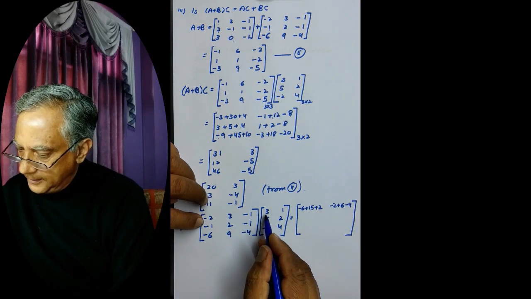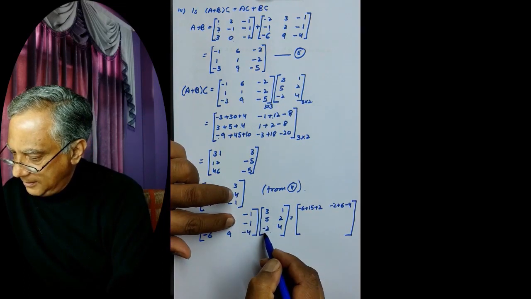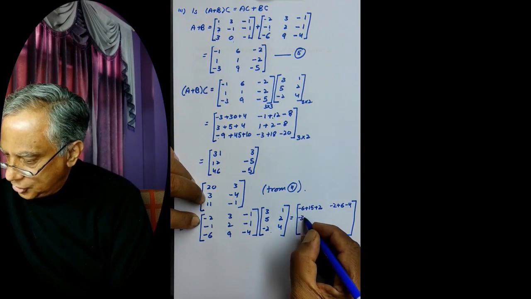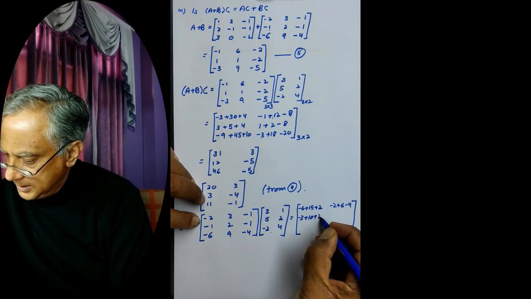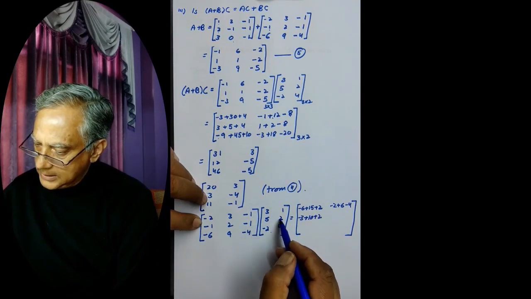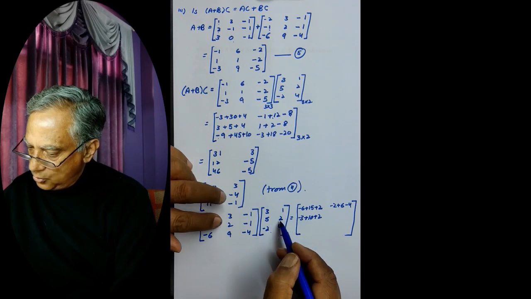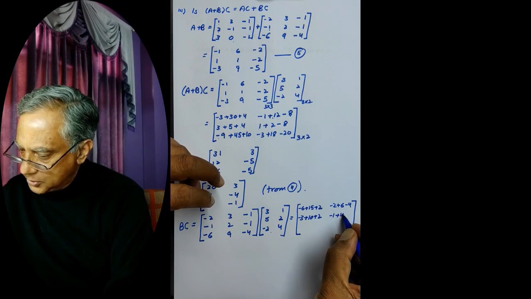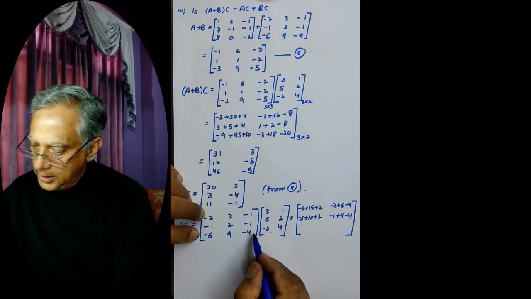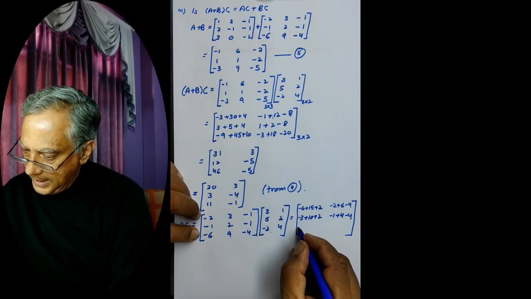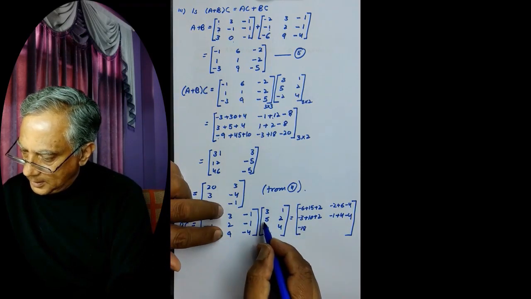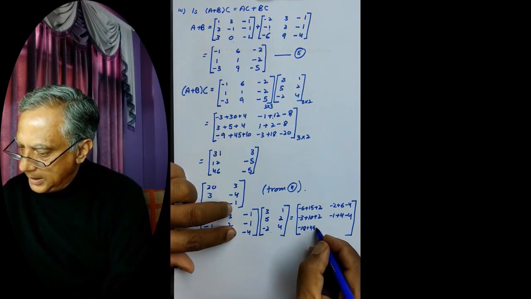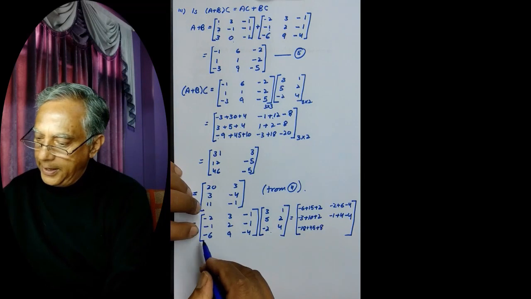This into this. This is minus 3 plus 10 plus 2. This into this. Minus 1 plus 4 minus 4. This into this. Minus 18 plus 45 plus 8.